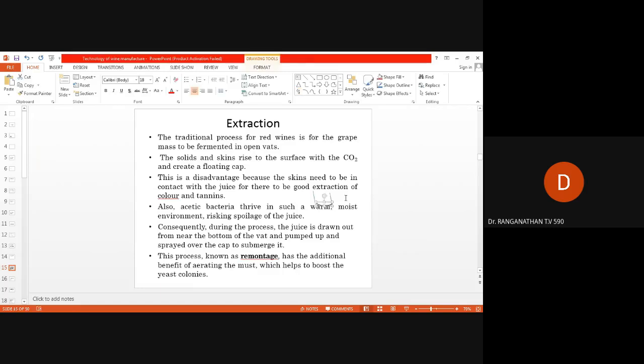Now, what I do is take the juice from the bottom and circulate it to the top. What is going to happen in that case? There will be the skin at the top, so that will get wet. This also ensures proper circulation of the must, which ensures that the yeast meets newer raw material as the fermentation proceeds.